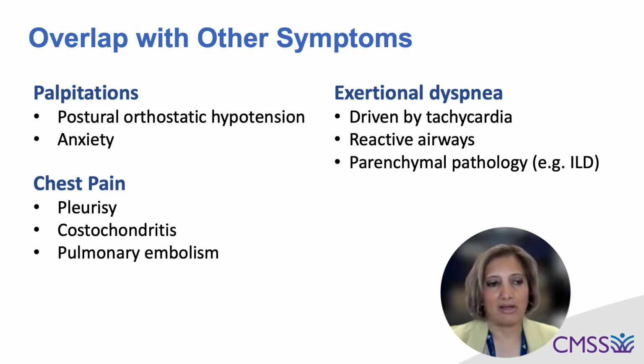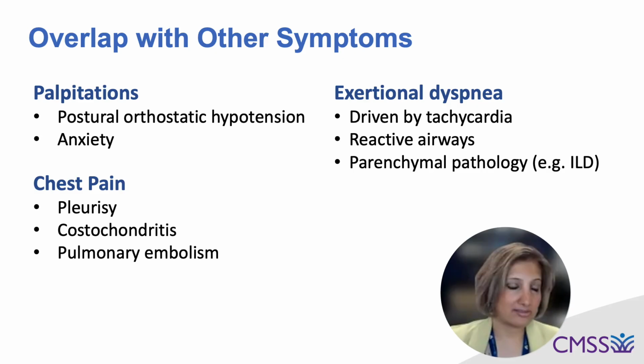And as we talked about, there are multiple causes of chest pain, like pulmonary emboli or structural heart disease and thromboembolic disease that should be considered when you are seeing somebody with this common and severe symptom.